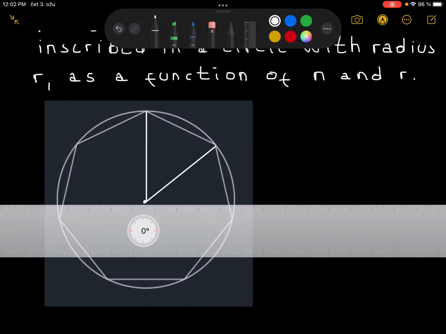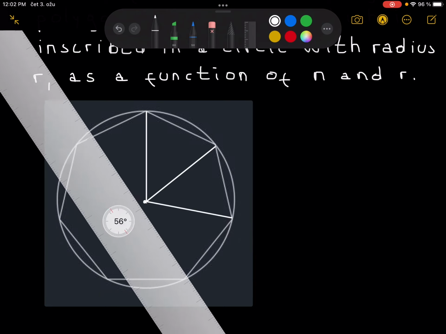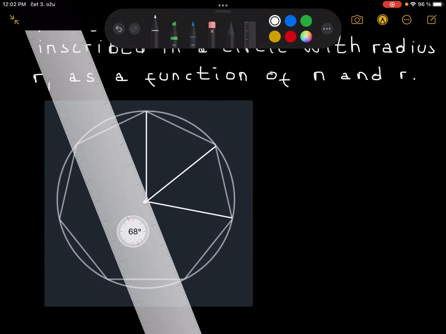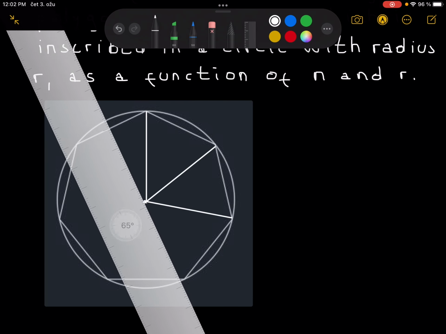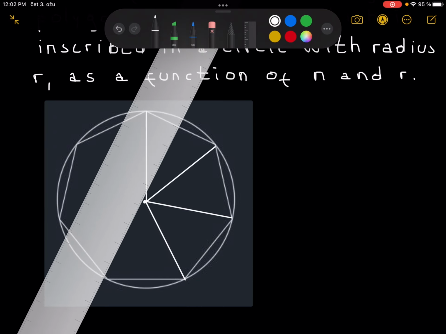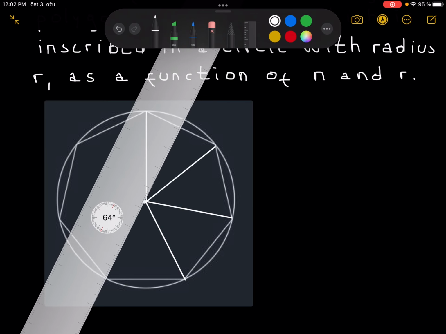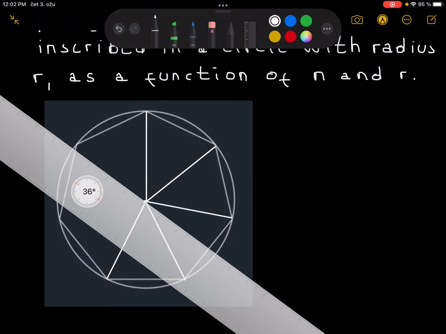So I'm going to be using this ruler. Okay, like so, and another one, and just 2 more.